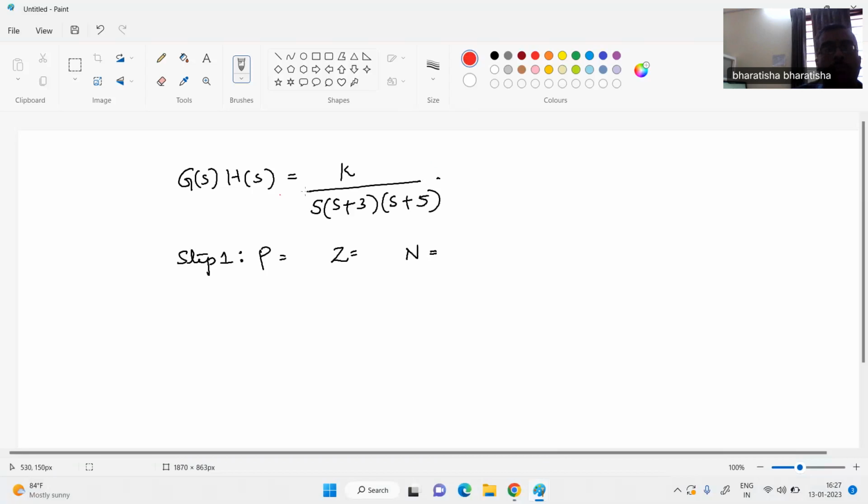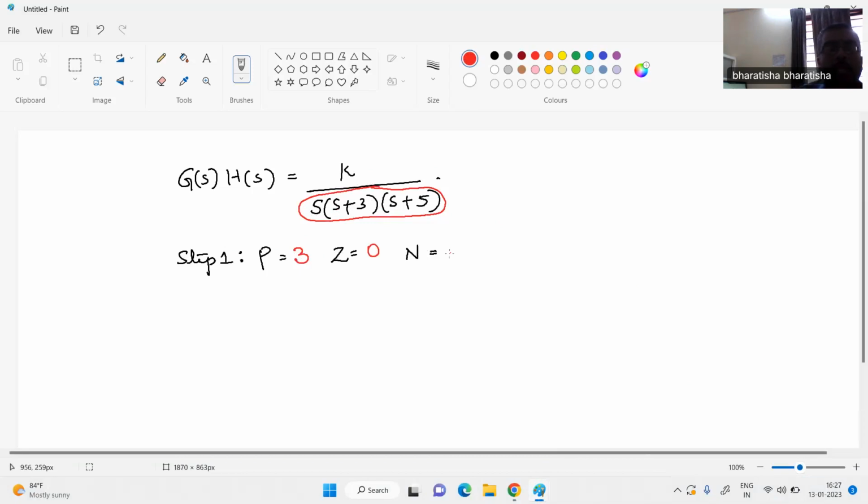The number of poles can be identified from the characteristic equation, which is s into (s plus 3) into (s plus 5). So the number of poles will be 3, and the number of zeros will be 0.